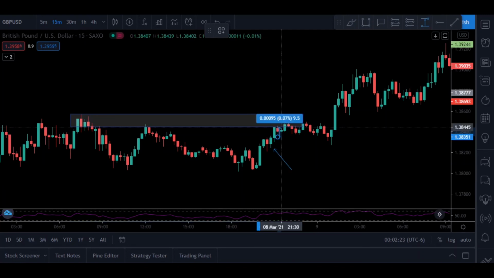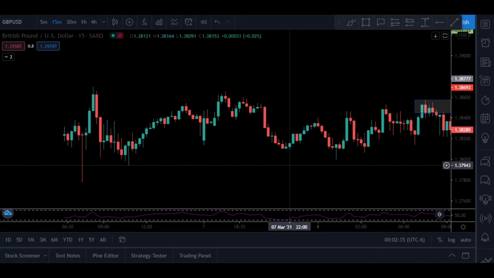You could have squeezed out about 10 pips, but it was pretty risky, you don't want to do that. Also you want to have strong bold candles, and this is a small candle, so there was no indication of strong momentum.